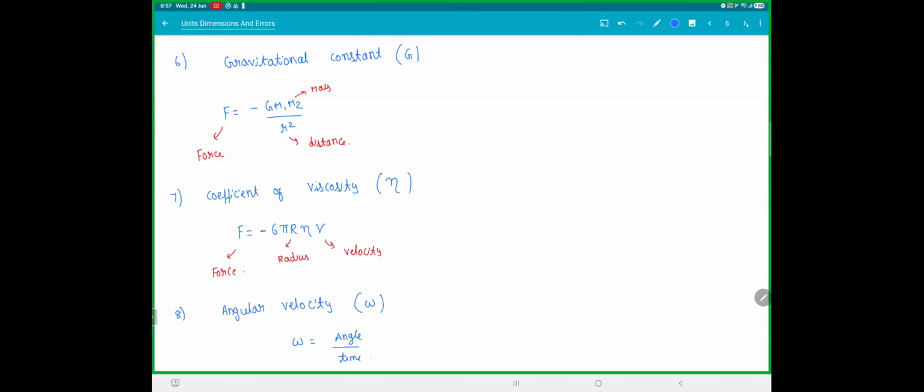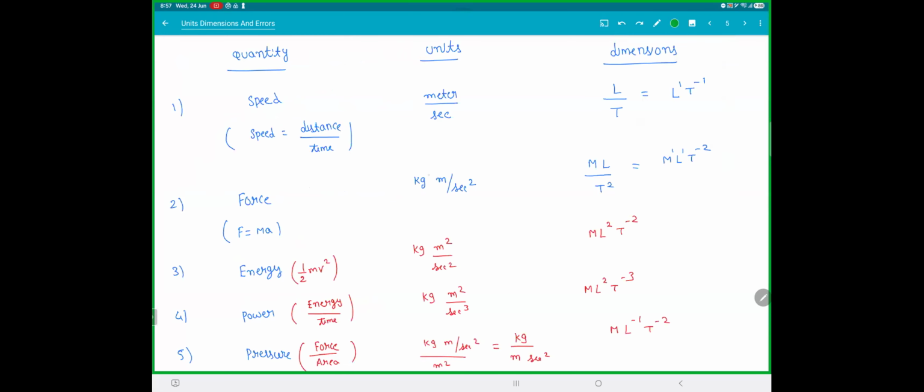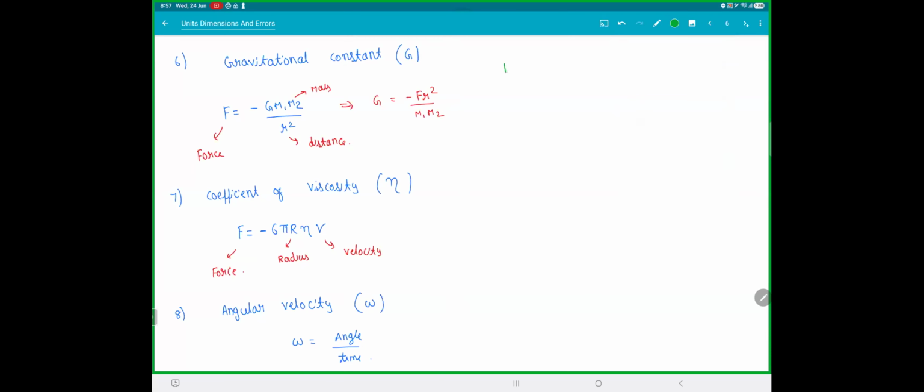Okay, so how do we do this kind of thing? We want to find G, right? So bring G to one side and shift everything to that side. So we will get G is equal to minus F r square by m1 m2. What is force ka dimension? Just now we saw force ka dimension is kg meter per second square. So this will be kg meter by second square.